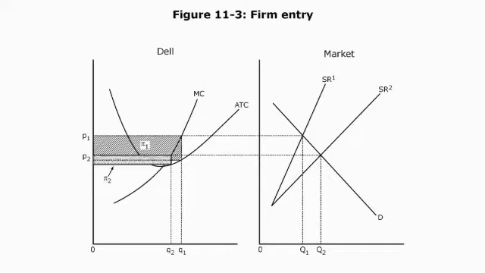It's not really labeled, but you could see it's where that vertical line for Q1 intersects average total costs. That's where their costs are. So on each unit, they're making the height between marginal cost and average total cost at that Q1. They're making that vertical bar. So they make that entire rectangle of profit. So Dell makes a big profit because not many firms are in this business, and yet demand for PCs is high. And that's where things are circa 1990.